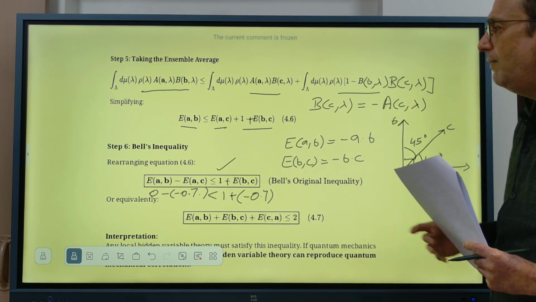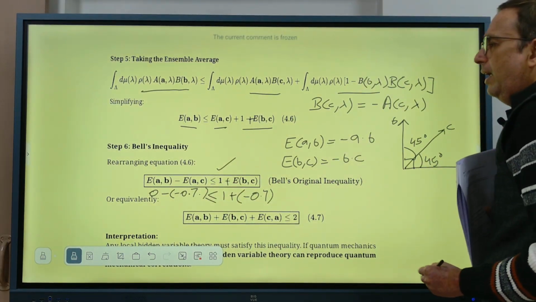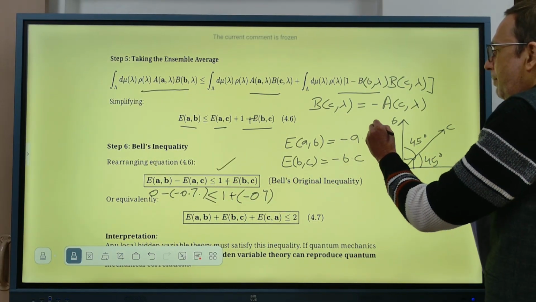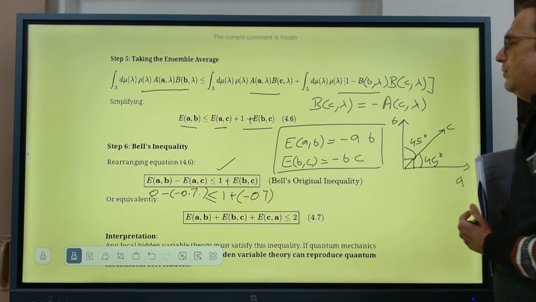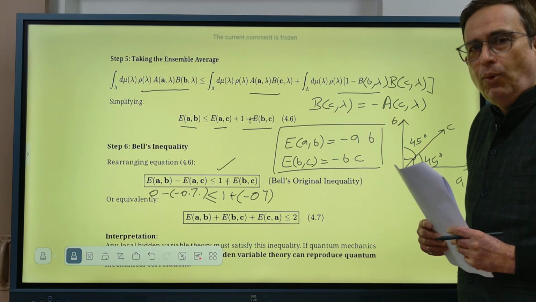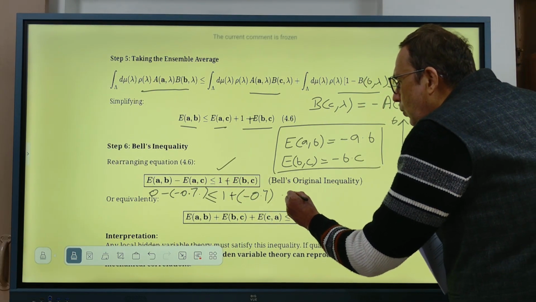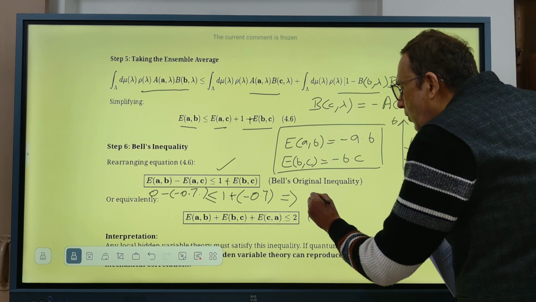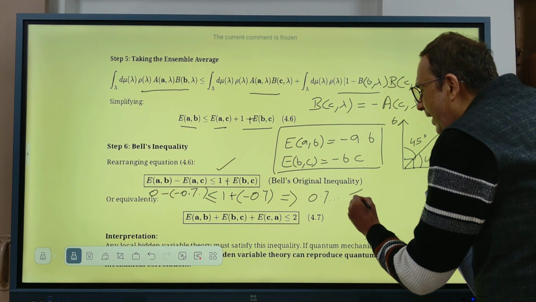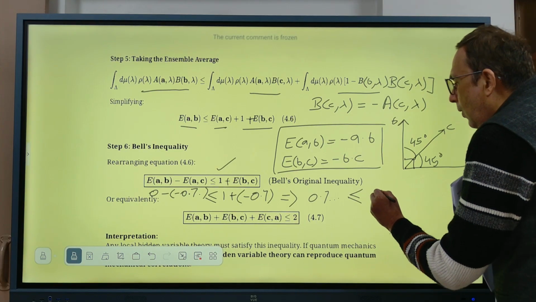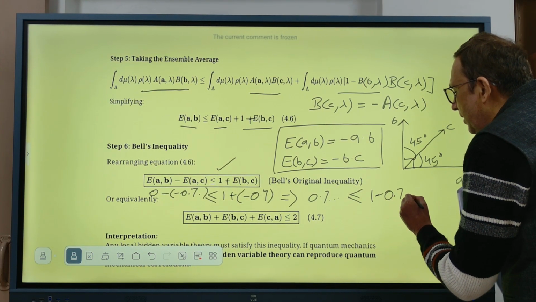So again you have this, and you can see that this inequality is violated by the quantum mechanical conclusions we have for the singlet state. This leads to 0.7 something is less than or equal to 1 minus 0.7 something.